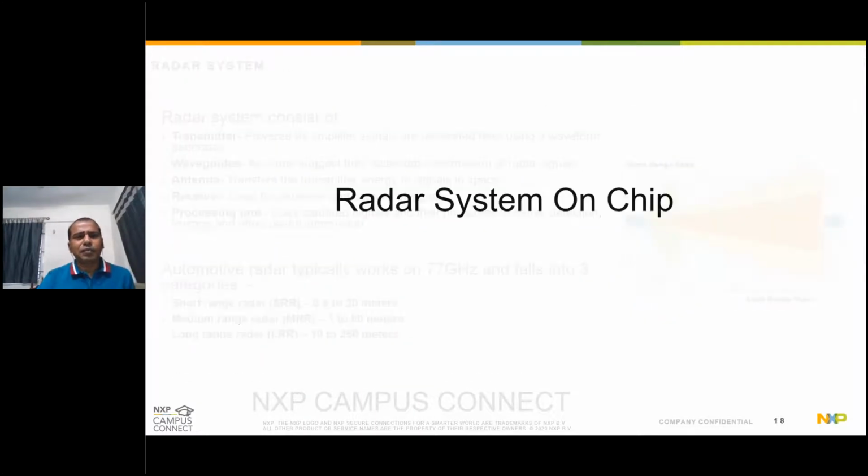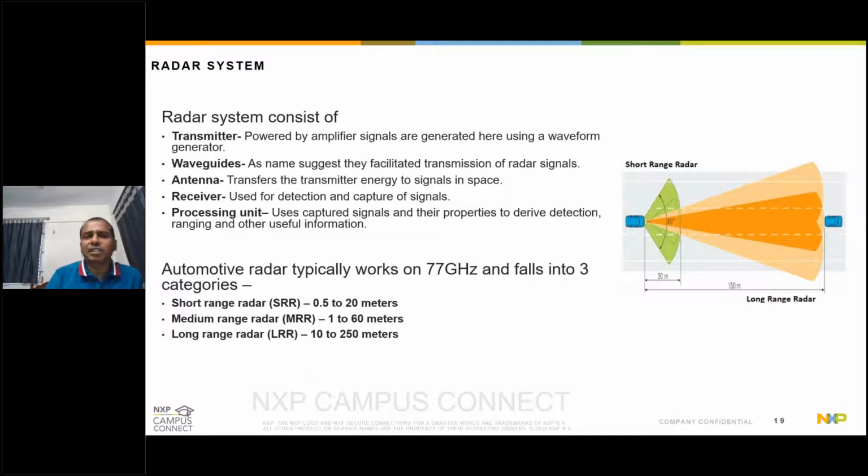Typically a radar system consists of a transmitter. It has a power amplifier, and the signal is generated using a waveform generator. The power amplifier sends the signal towards the objects, and a waveguide facilitates the transmitted signal to a specific direction.